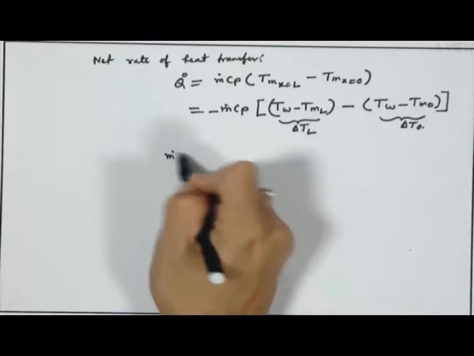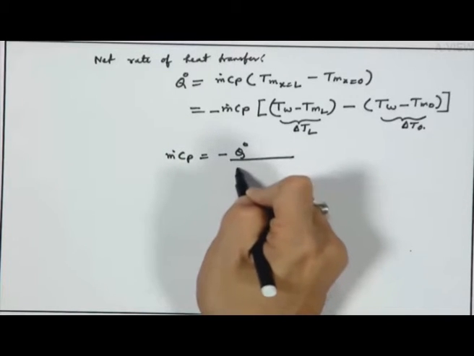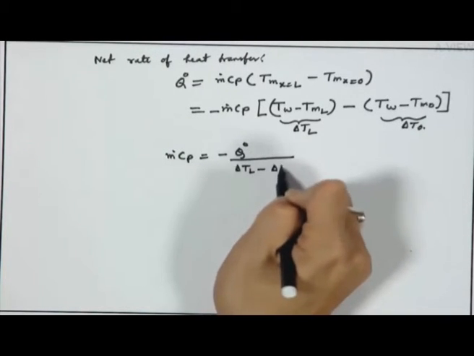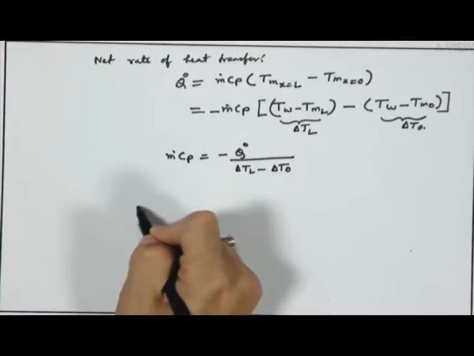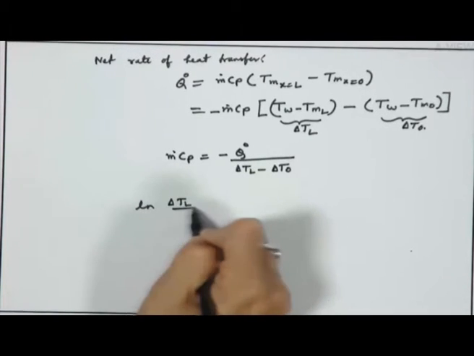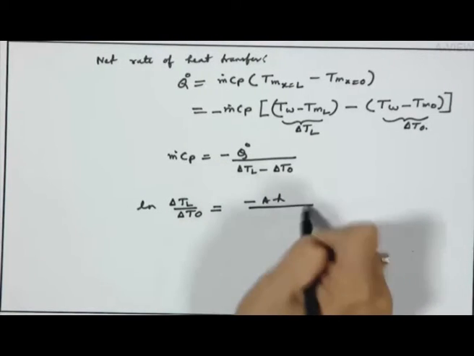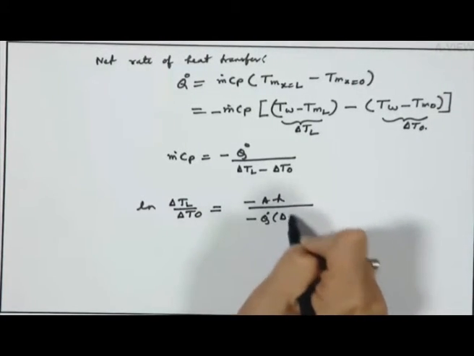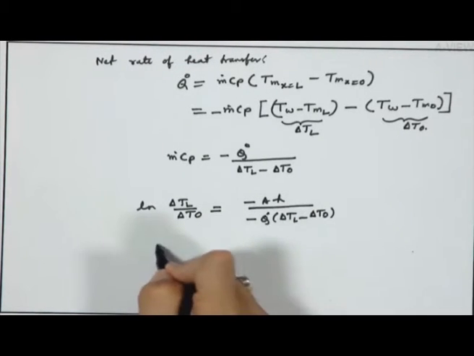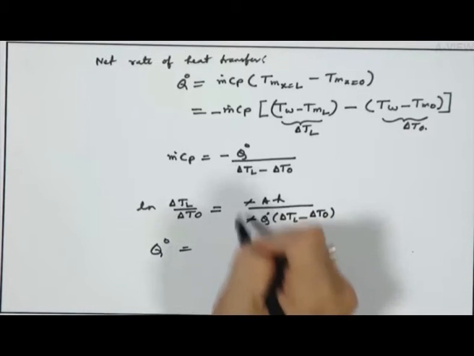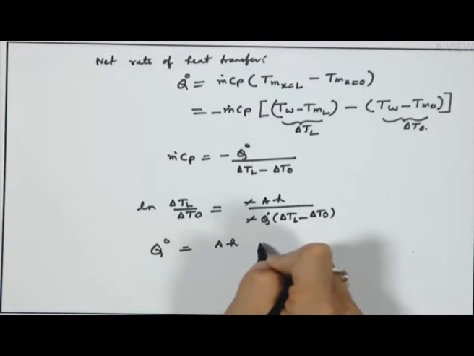So, m dot Cp you can write as Q dot by delta T L minus delta T 0. So, you can write ln delta T L by delta T 0 is equal to minus A H by minus Q dot into delta T L minus delta T 0. So, you can write Q dot, this 2 minus gets cancelled.